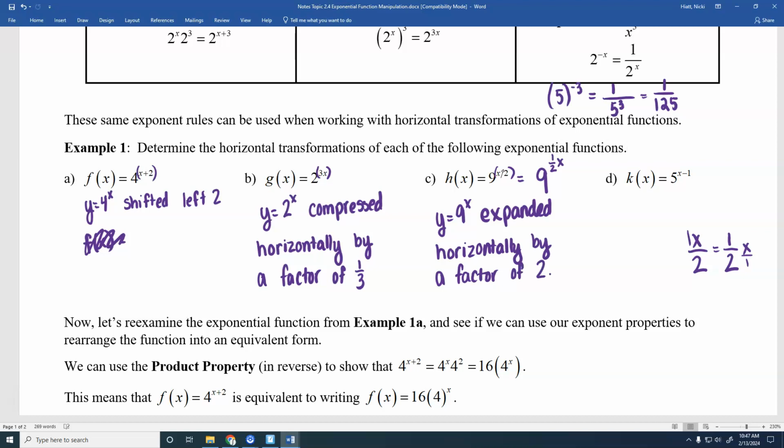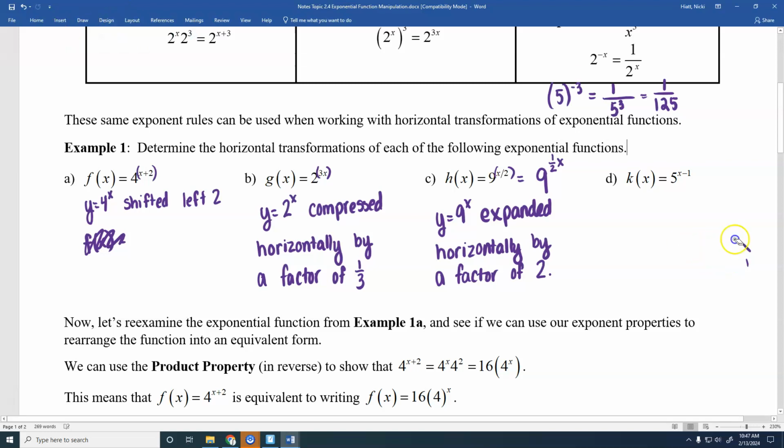It flips the fraction. Everything is upside down there. And it would be perfectly okay to write that same thing and use the word dilated instead of expanded, because your factor should tell you whether it's getting bigger or smaller. If your factor is bigger than 1, it's expanding. If it's smaller than 1, it's compressing.